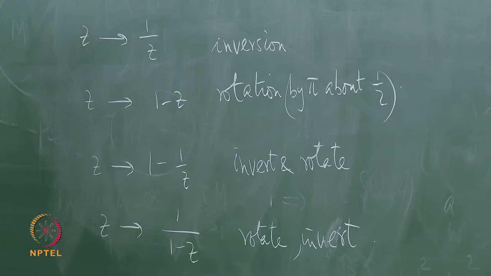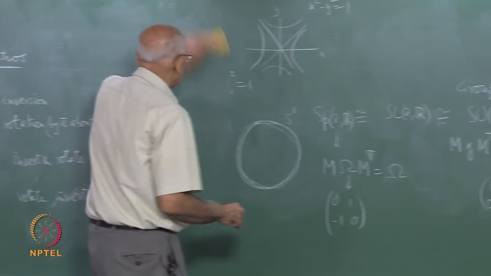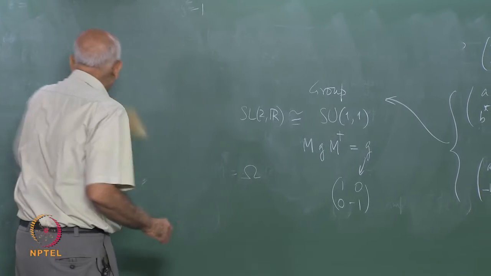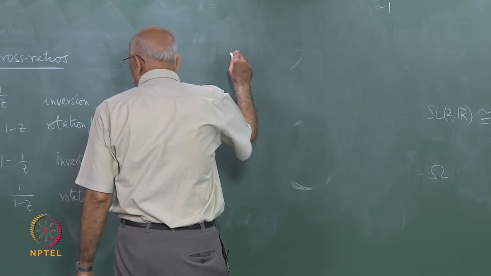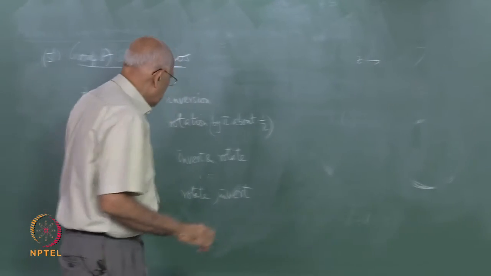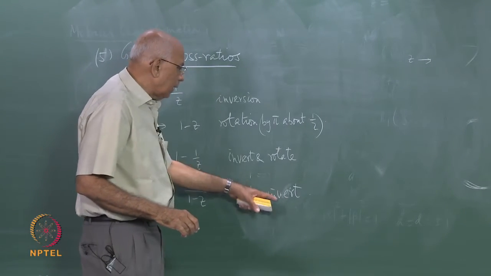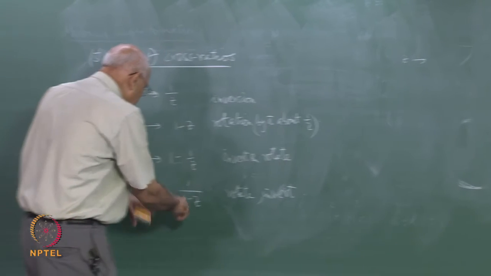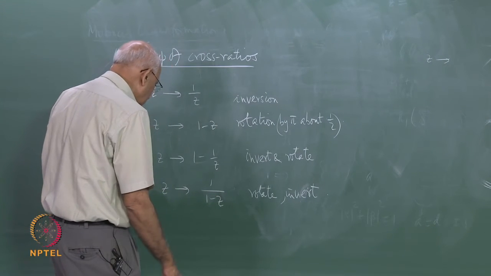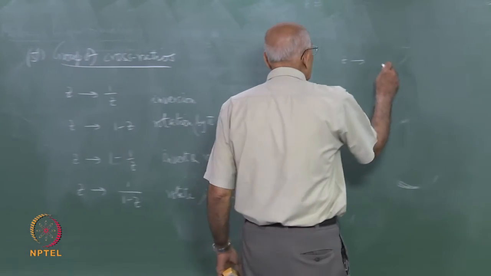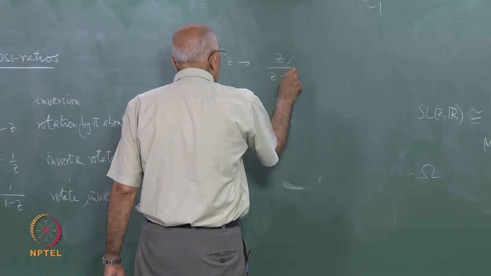What else could you do? You could do z goes to, so after you do this, you rotate, invert, you rotate again, and then you get 1 minus this stuff, and what will that do? So that will give you z, and the minus 1 will cancel, so that is going to become z goes to z over z minus 1.